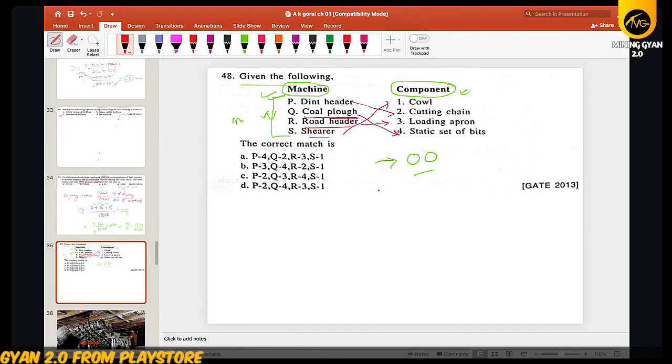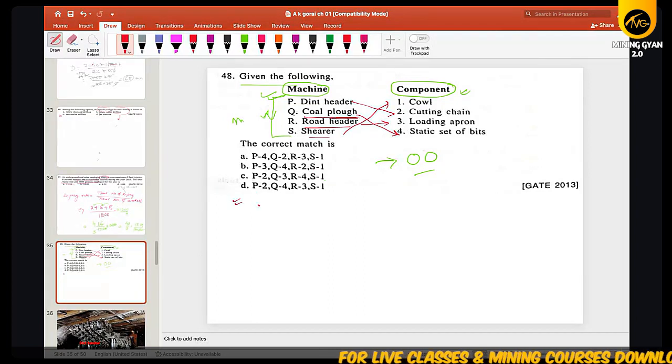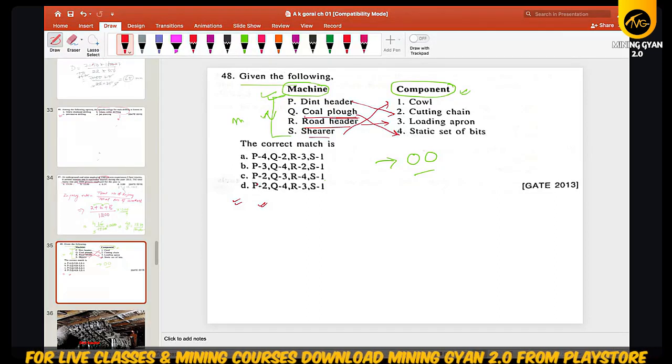So try to solve with the option you know first. It will help you cut down the options to 2 or 1 or 3. It will increase your probability to get the right answer.